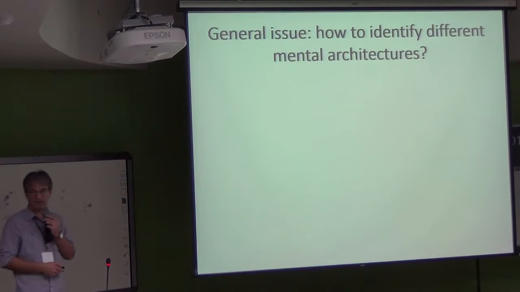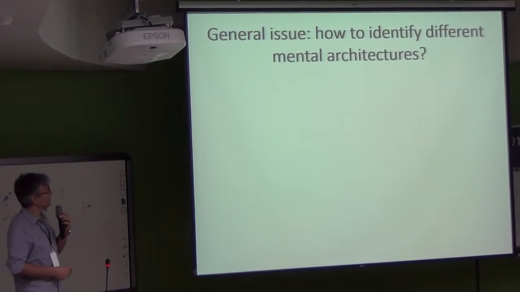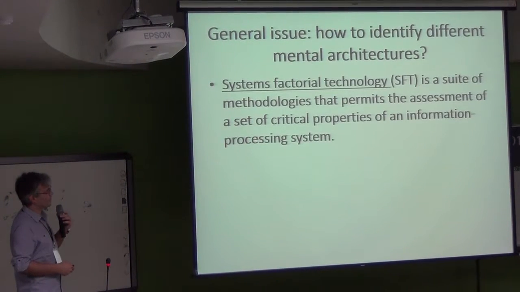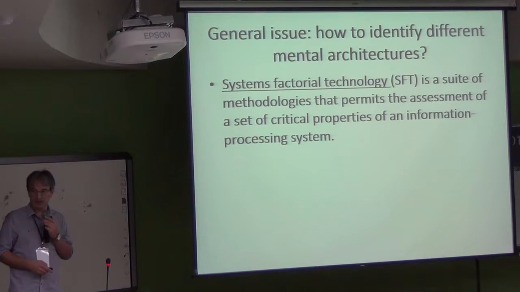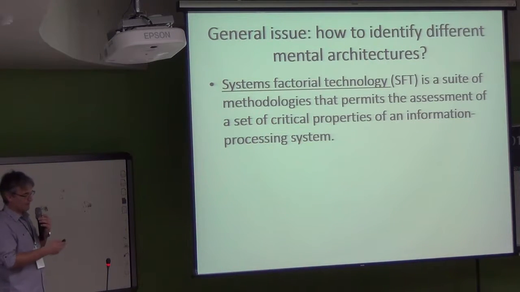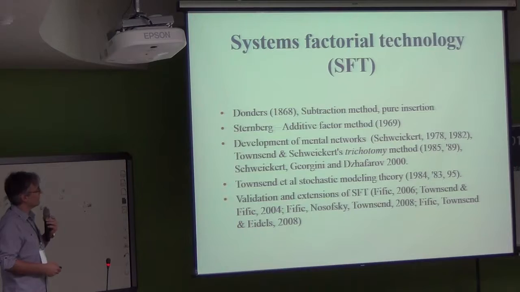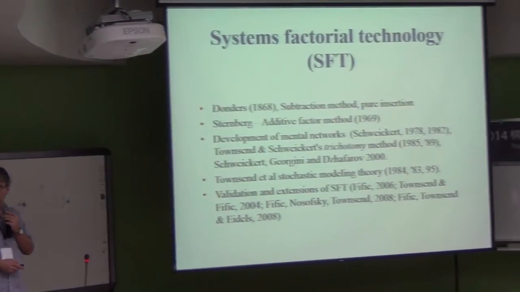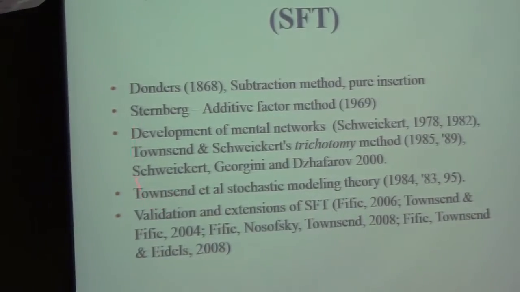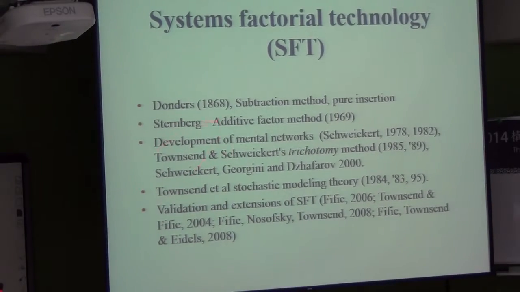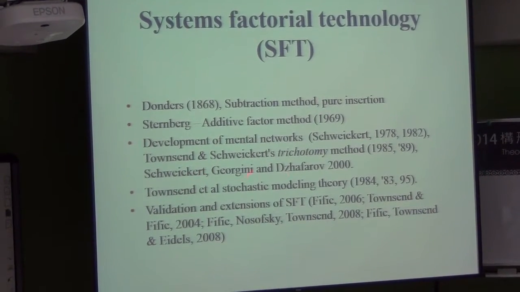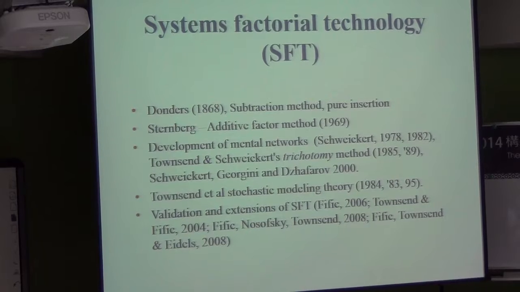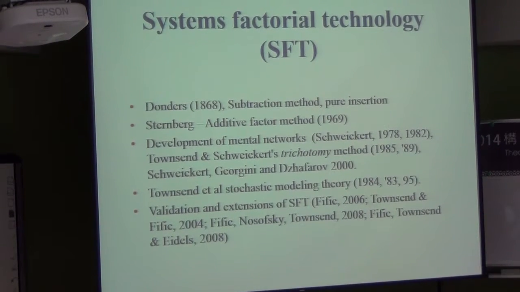Now the problem is how to identify these mental architectures in the first place. Is there any simple way? And of course there is. For that we designed systems factorial technology, SFT. There's a history of using systems factorial technology. These are some of the people that worked, let's say, up to 20 years ago, but more and more new research has been published in all different areas.